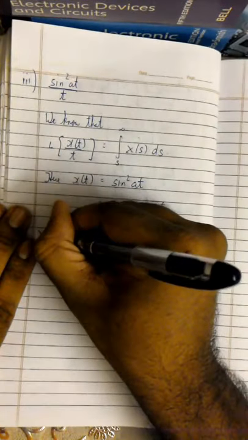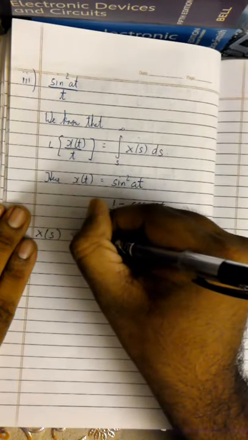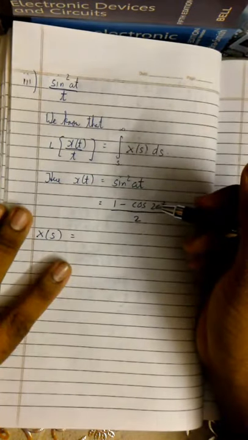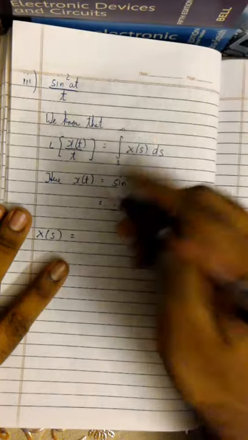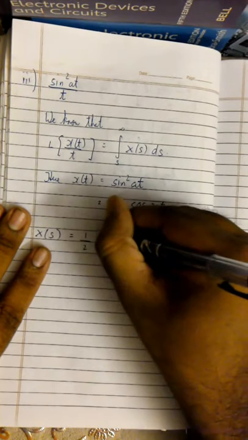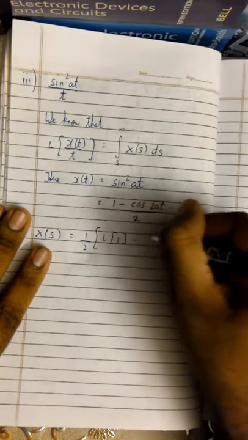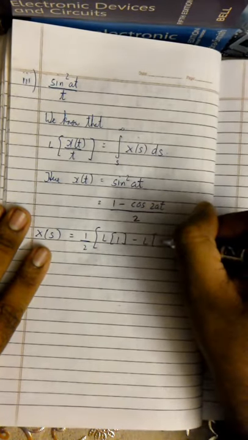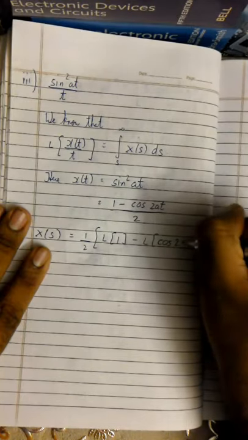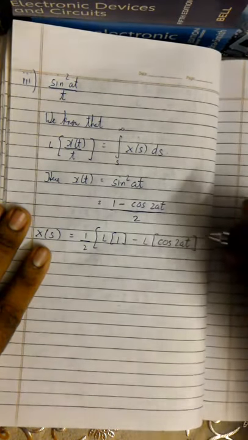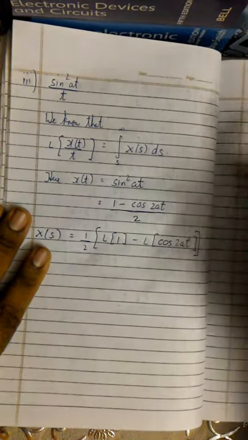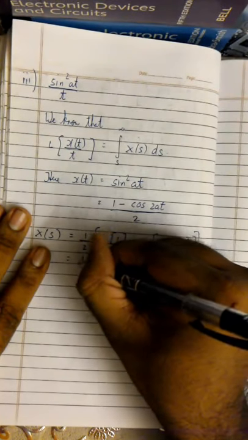So X(s) is equal to the Laplace transform of this, which is nothing but 1/2 into the Laplace transform of 1 minus the Laplace transform of cos 2at.